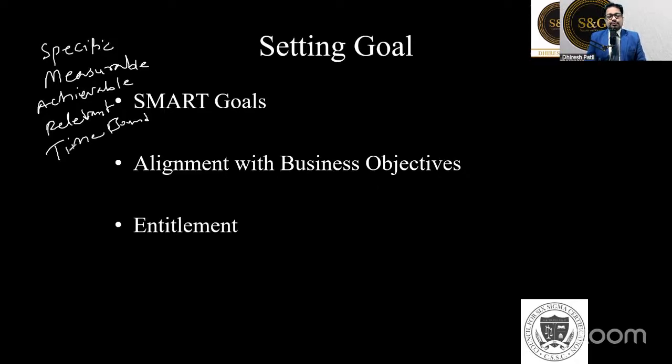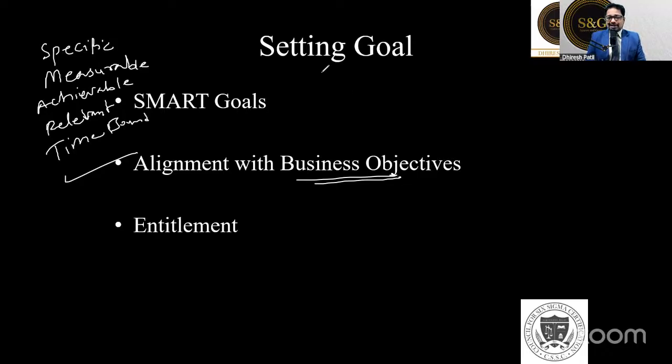Alignment with business objectives. Now this is also very important. Your project should have alignment with the business objectives. Now, who identifies, defines and finalizes the project?